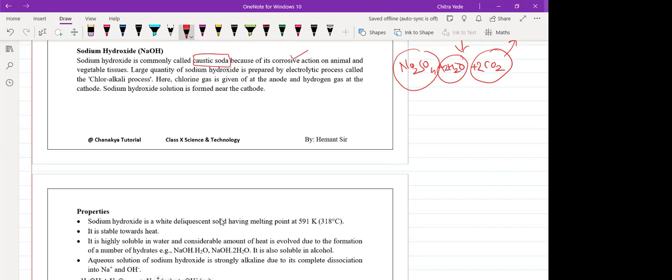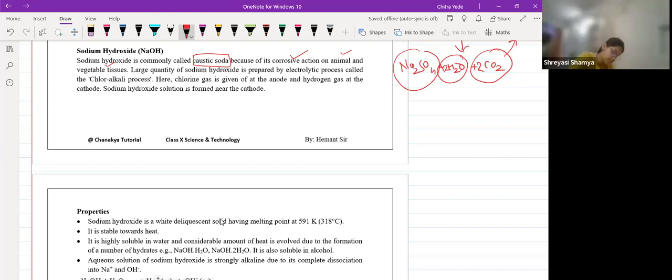It may cause corrosive action on animal and vegetable tissue. So it destroys animal and plant tissue. That's why it is called caustic soda. So whenever you use this chemical in the laboratory, take care. Proper precautions should be taken while using these chemicals in the laboratory.